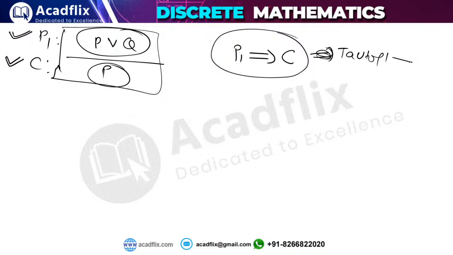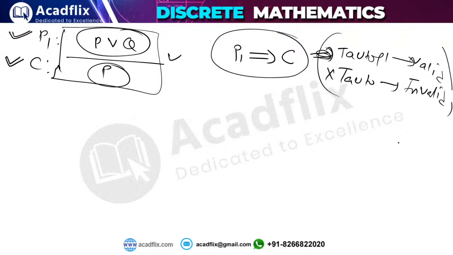If it is a tautology, then this argument will be valid. If this is not a tautology, then this argument will be invalid. This is the definition. Remember, this is not a proof. This is just a definition of validity of argument.